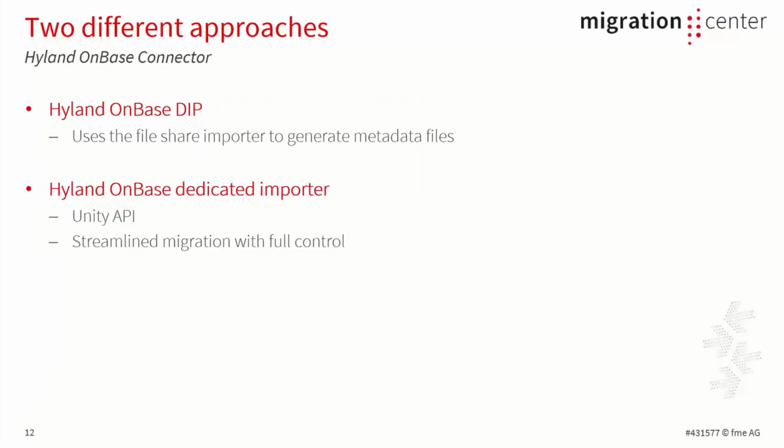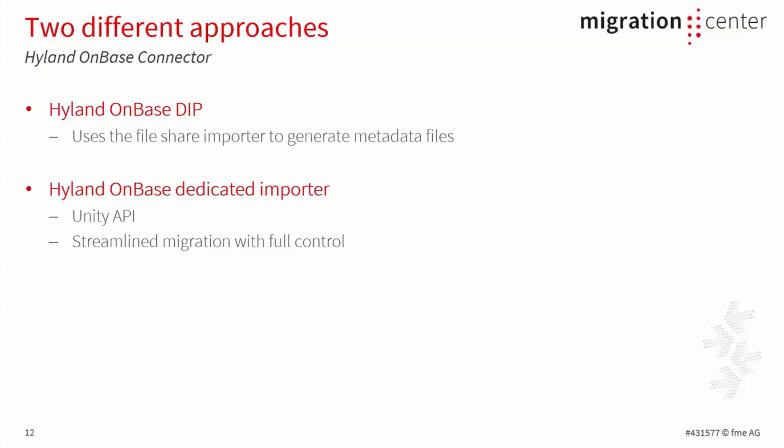For Hyland OnBase, we have 2 different approaches. First, and most of you know this already, there's the DIP, the document import processor. At first we supported the DIP process by using our file share importer to generate the files and metadata XML files on a file system.